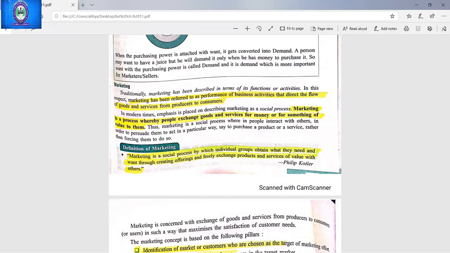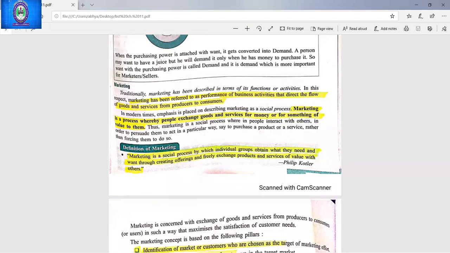People interact with each other in order to persuade them to act in a particular way. Persuade means to convince them, and sellers convince consumers by giving discounts, offers, different benefits, as well as by making advertisements and appointing brand ambassadors. So in these manners the consumers are persuaded, so that they purchase our product or services.